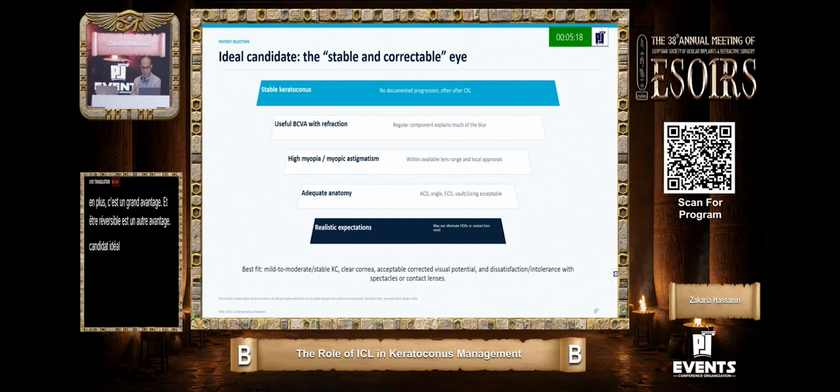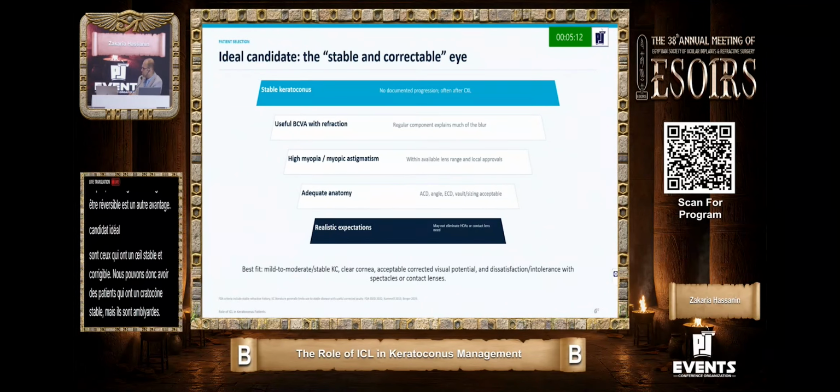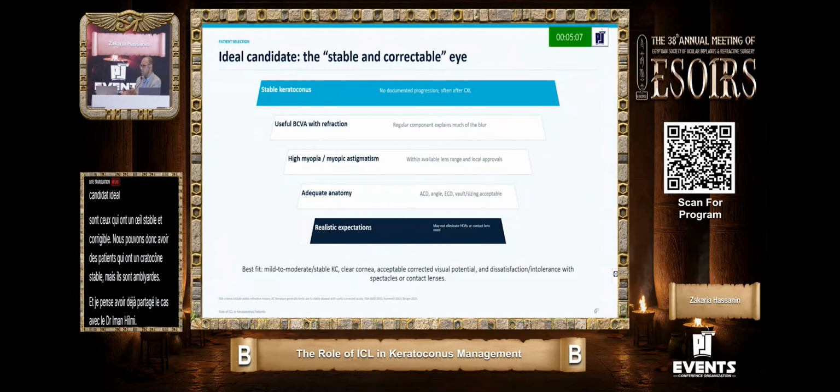So we can have patients who have stable keratoconus, but they are amblyopic. And I think I shared a case with Dr. Iman Helmi before, a patient who had other problems in the retina. She's keratoconic, but she's not correctable. So nothing would be done for her. You would not address the refractive error.